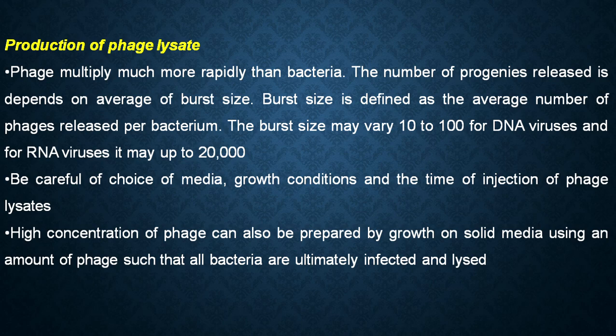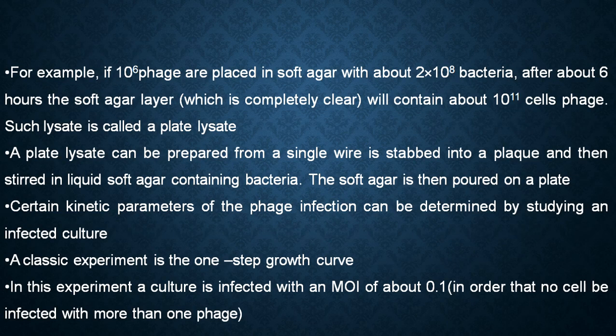High concentrations of phage can also be prepared by growth on solid media using an amount of phage such that all bacteria are ultimately infected and lysed. For example, if 10 to the power of 6 phage are placed in soft agar with about 2 times 10 to the power of 8 bacteria, after about 6 hours the soft agar layer will contain about 10 to the power of 11 phage.